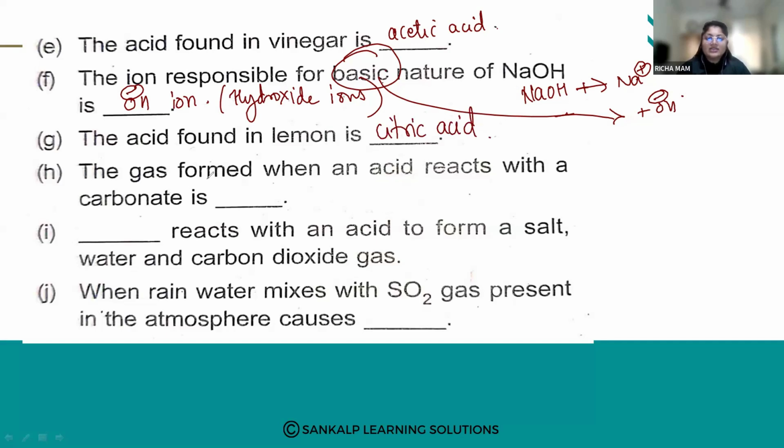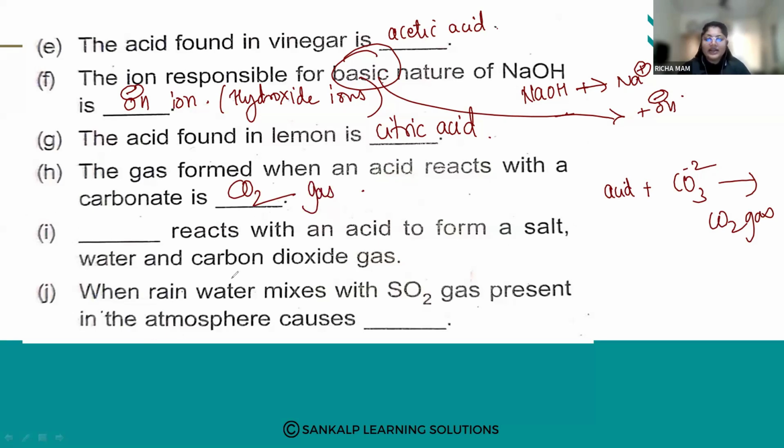Next question. The gas formed when an acid reacts with a carbonate is. So when acid reacts with carbonates, what are you going to get? You are going to get carbon dioxide gas, CO2 gas. Fine.